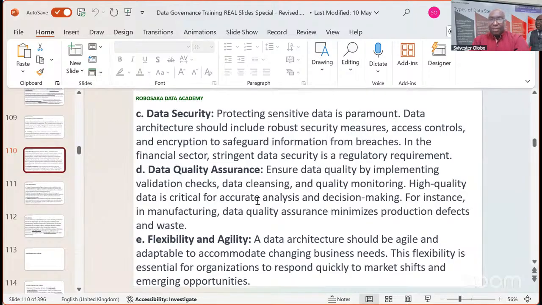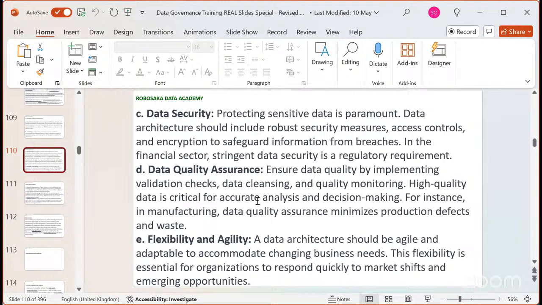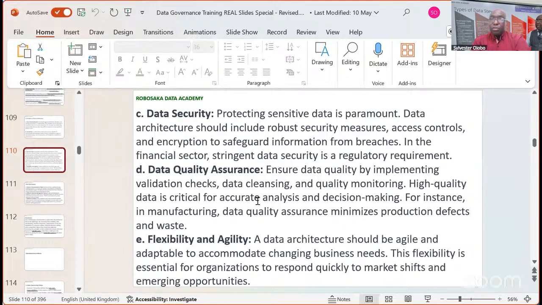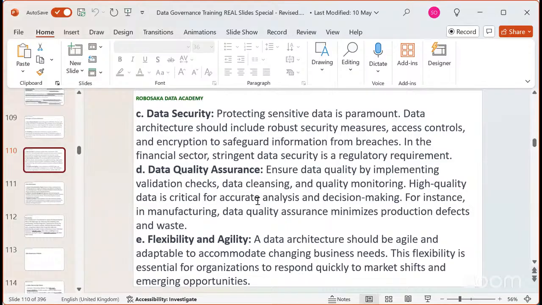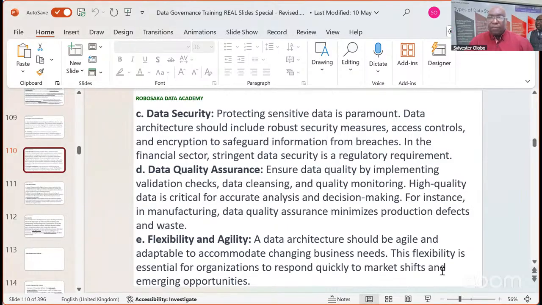And then we move on to flexibility and agility, one of those very important principles in designing the framework of data governance. You should put together how you can easily move towards a new direction if there is a change. You have to be more agile and adaptable to accommodate such business needs, especially when you deal with contemporary issues.